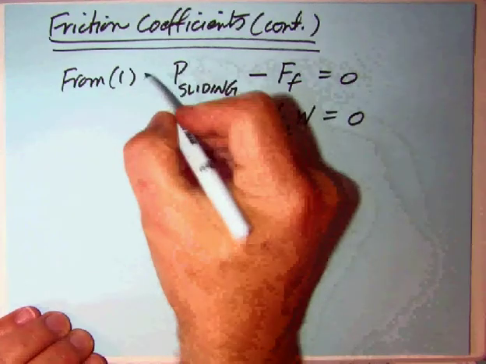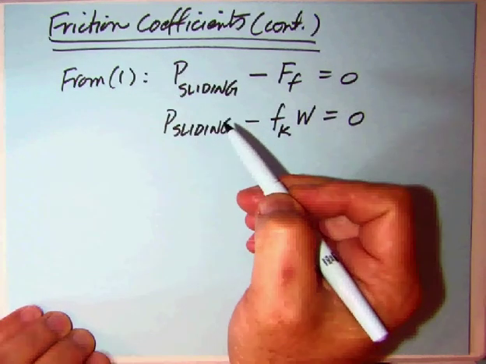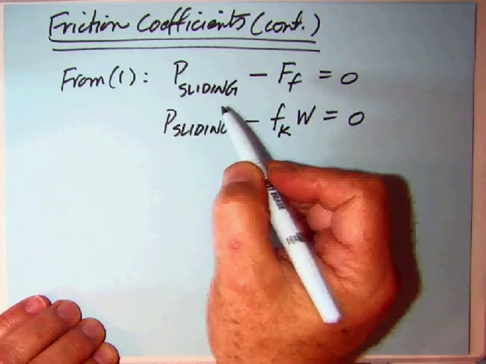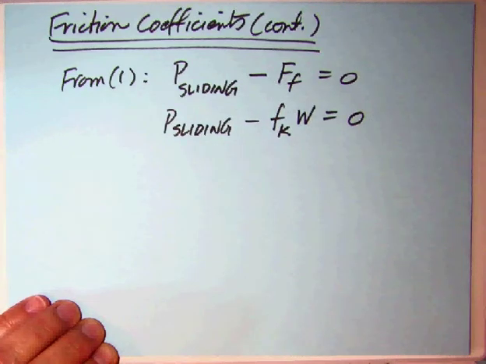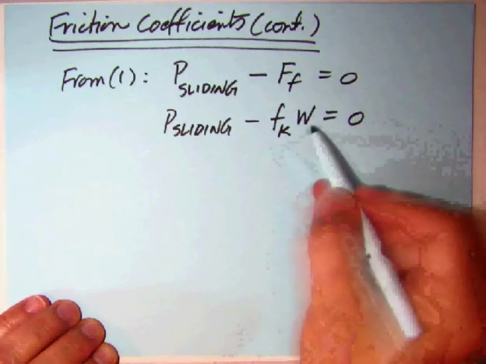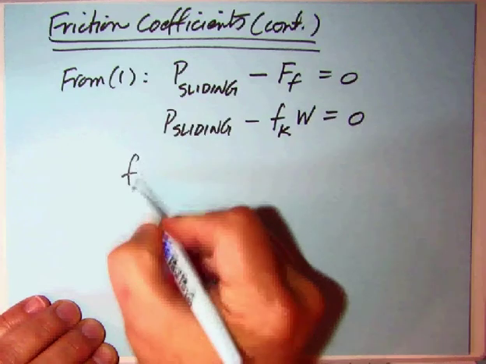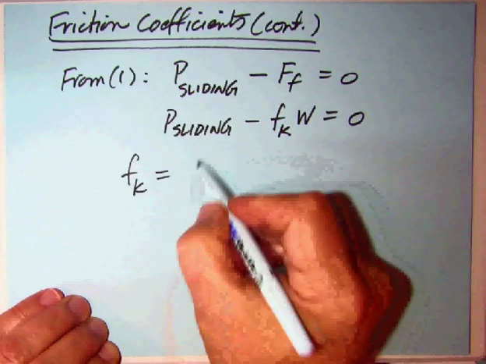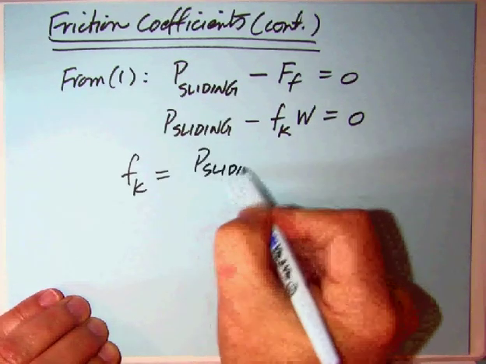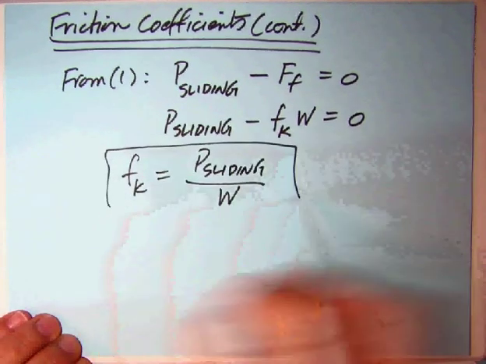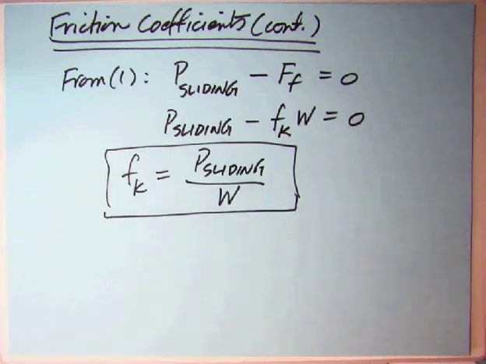From equation number 1, again we had P sliding, which we know what that is because we're looking on the fish scale as we're pulling this along at a constant velocity, minus the friction force, and as we said, the friction force is equal to Fk N, and in this particular experiment, N is equal to W. So now if you solve for Fk, it's just equal to the P sliding over W, the weight that you know. How about that? Really nice experiment. Easy to do.